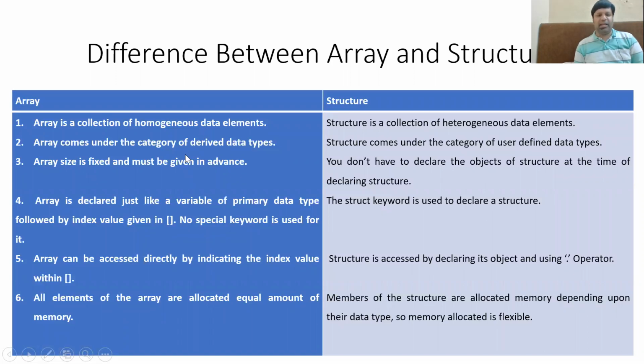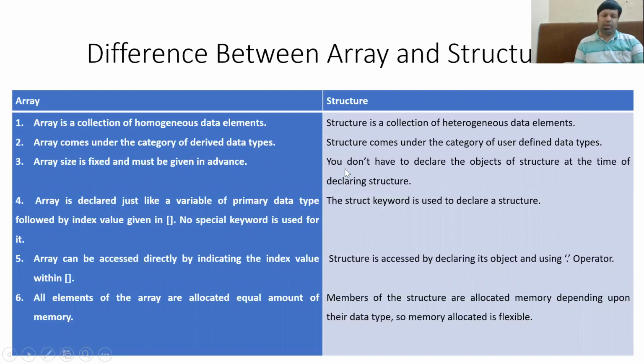Second difference, array comes under the category of derived data types. Derived means it can be derived from an already existing data type, whereas structure is a new data type, that means a user defined data type. Third, array size is fixed and must be given in advance.